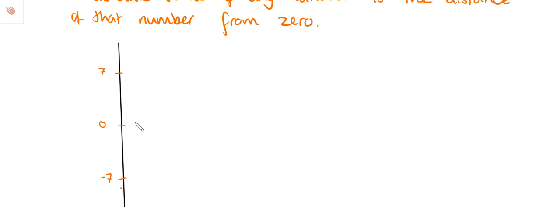Absolute value is how far. So the absolute value of 7 is that distance, which is 7. The absolute value of negative 7 is the distance from 0. It doesn't matter whether it's up or down. And like I've already said, we do use this concept in terms of how far we have to travel.